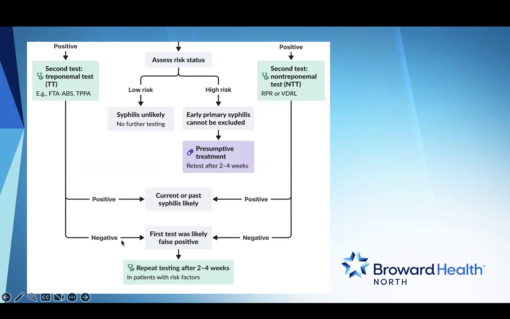If negative, the first test is a false positive. That's what it means. And you don't ignore it, you repeat it again in 2 to 4 weeks to make sure, okay?